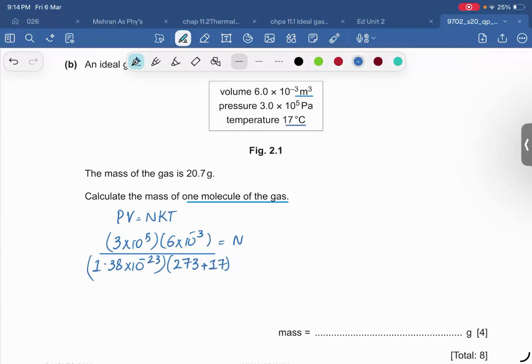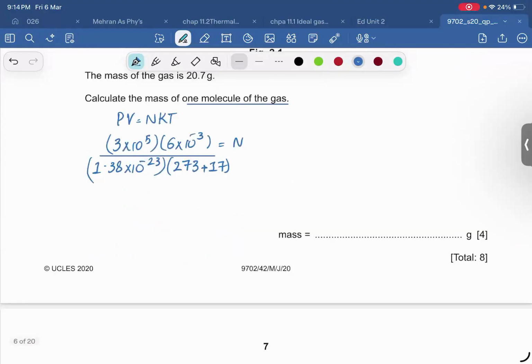Whatever you are calculating, write the equation first and then start calculating. So I'm getting the number of particles as 4.497 exponent 23.